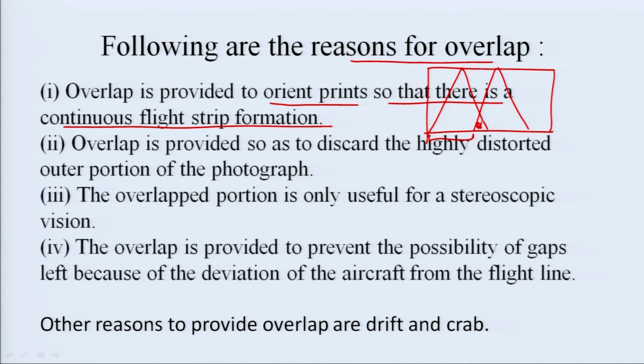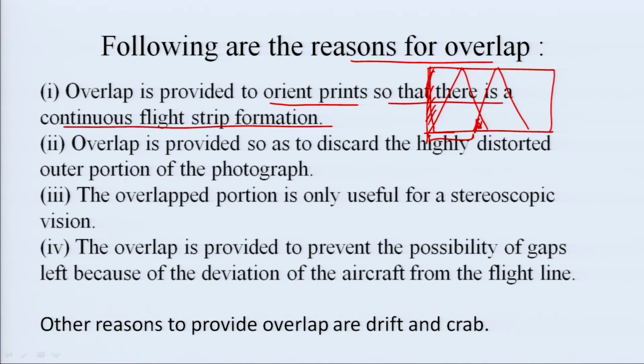In order to maintain the continuous strip, longitudinal or side overlapping is performed. Overlapping is also provided so as to discard the highly distorted outer portion of the photograph.